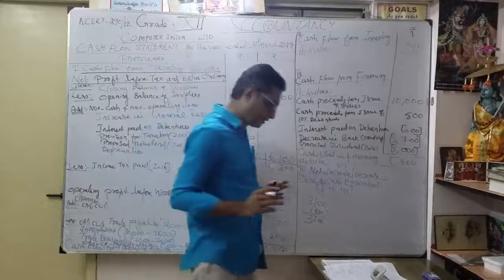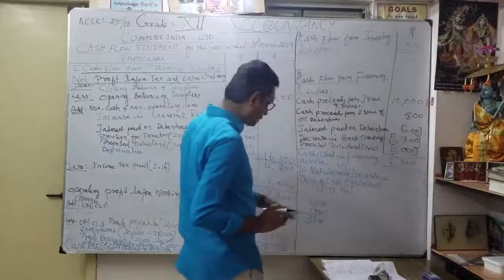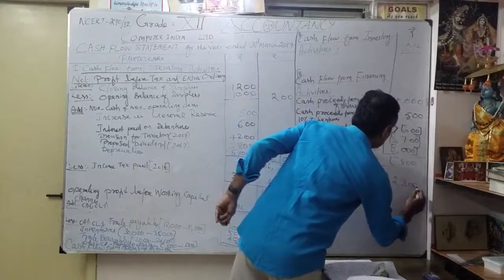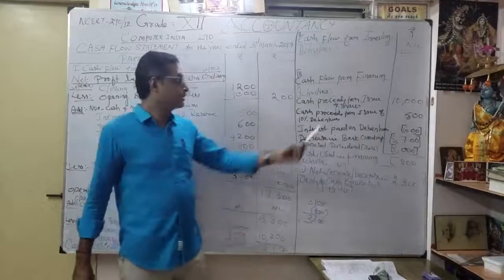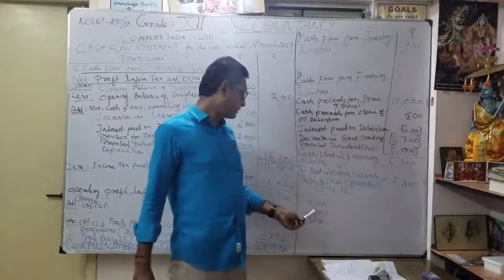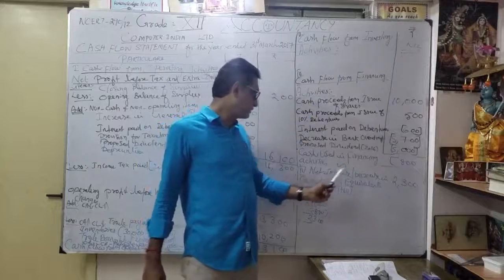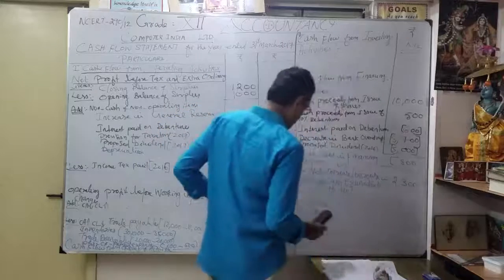You understood? So what is our answer? It is 2,300. So whatever operating activity is 3,100, there is no investing activity, nil, and finance activities just 800 cash outflow. Then finally we get net increase in cash and cash equivalents, how much? 2,300. Have you understood?